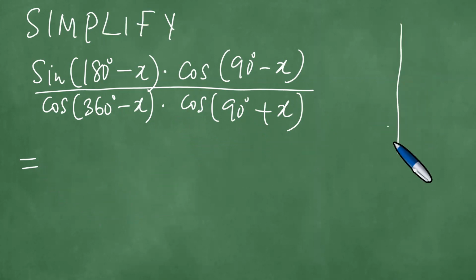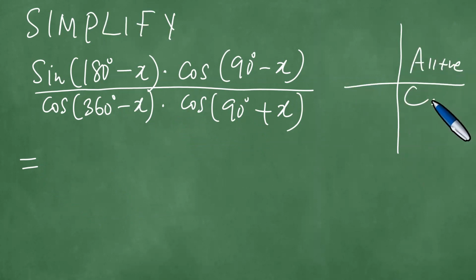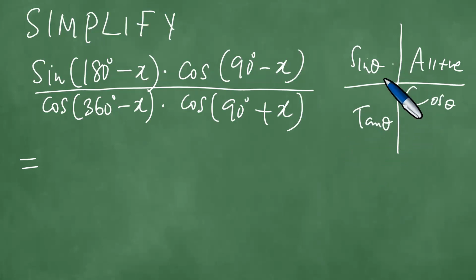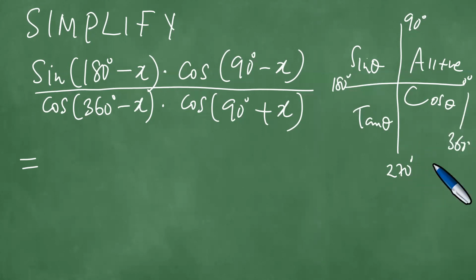So you have CAST here. All positive, cosine theta, sine theta, tan theta. We have 0 degrees, 90 degrees, 180 degrees, 270 degrees, and 360 degrees.